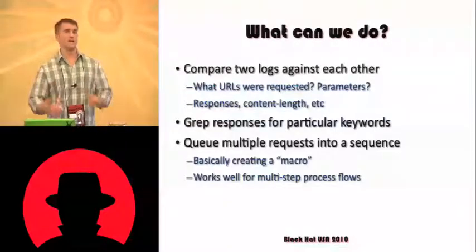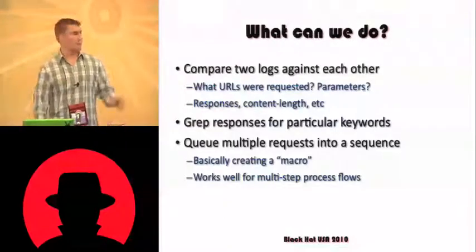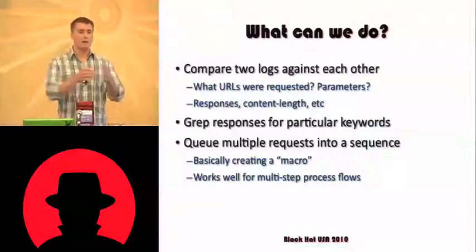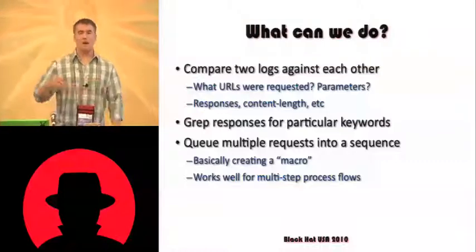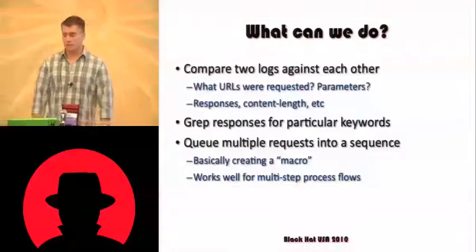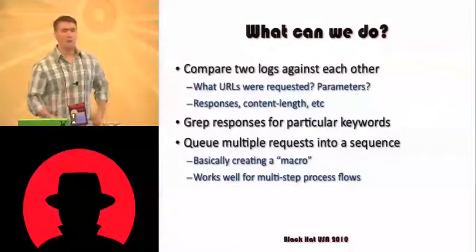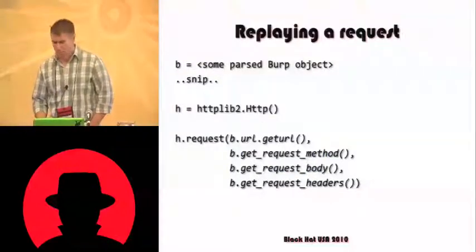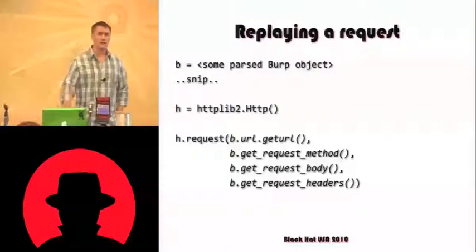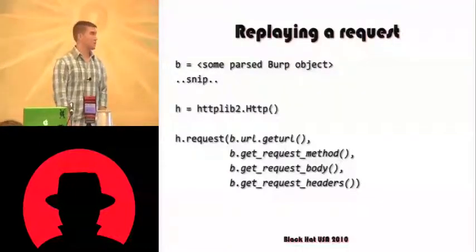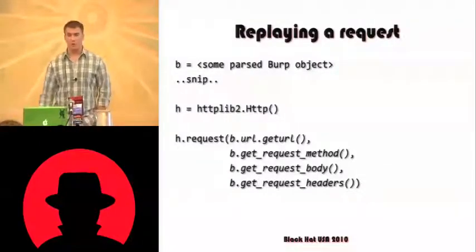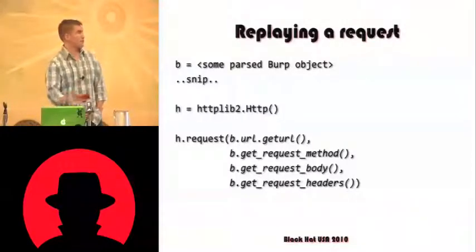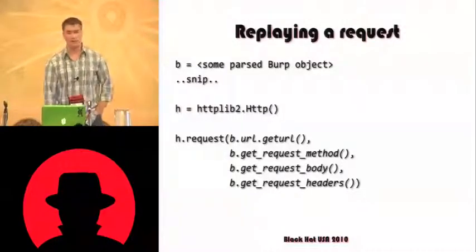I could pick those out and replay them in order and fuzz them along the way, submit requests out of order and see what happens. So I think it's pretty powerful. Also a login sequence is perfect. And replaying a request with httplib2 is as simple as literally 3 lines of code.